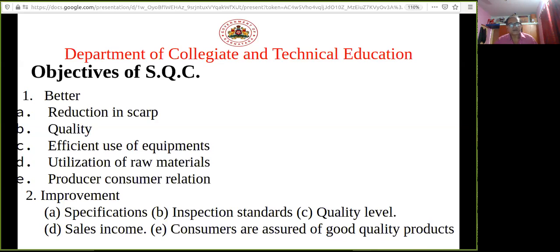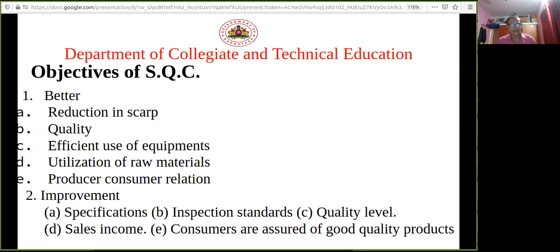Then, because of SQC, there is the best relationship between the producers and the customers. When you use statistical tools for the manufacturing processes, the producers and the customers come to an agreement. So there is no question of inspection by the producers and again inspection by the consumers.